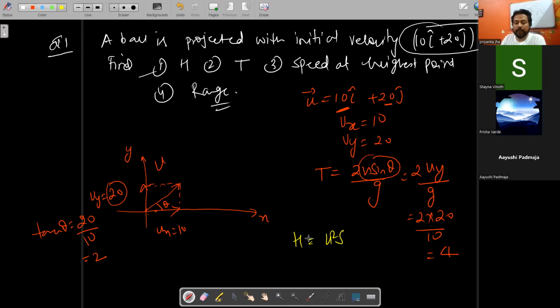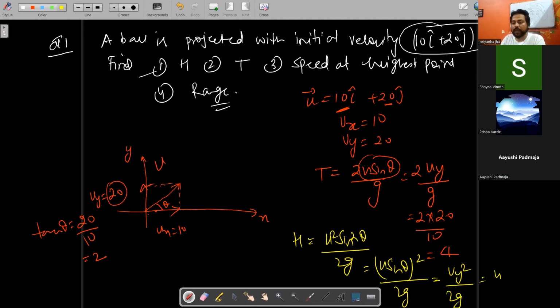H is u square sine square theta upon 2g. You can write this as u sine theta whole square upon 2g. u sine theta is uy, and uy is 20. So square is 400 upon 2 into 10. That is 20 meter. So H is fine.